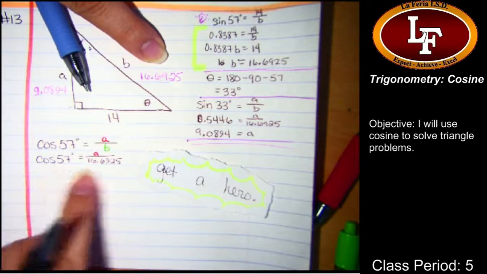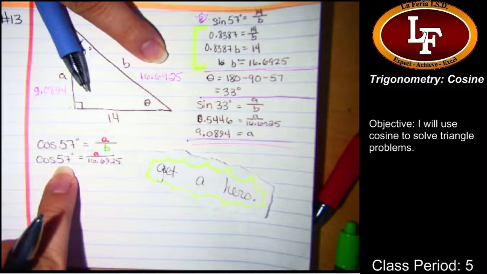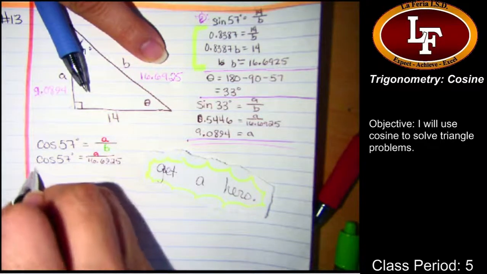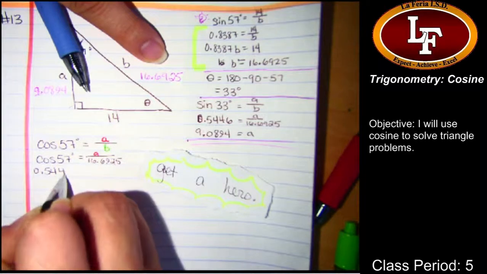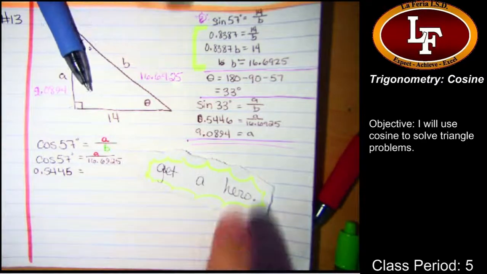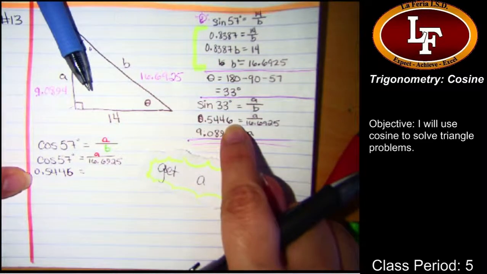Did you do 57 divided by this thing? Do cosine of 57 degrees. It's in the same place as the sine function from yesterday. I got 0.5446. You got 0.5456. Notice how similar it is to the sine of that complementary angle.